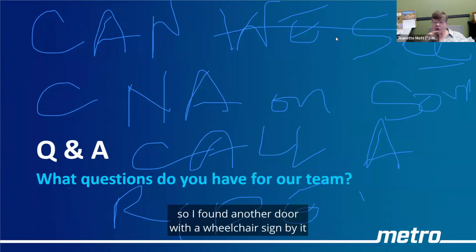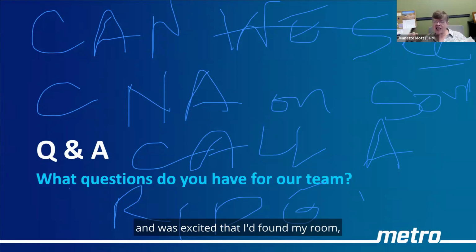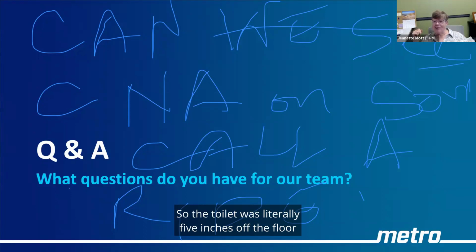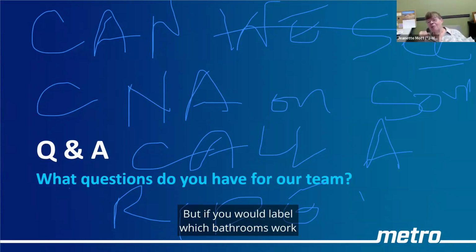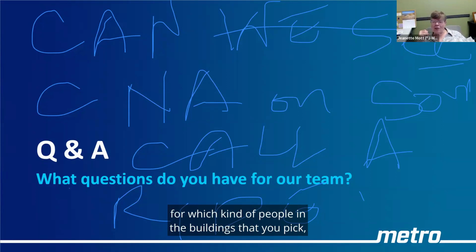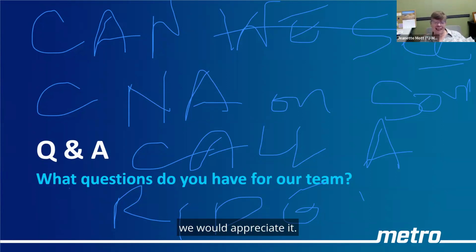So I found another door with a wheelchair sign by it and was excited that I'd found my room, but it was for a child. So the toilet was literally 5 inches off the floor, and there was no way my knees were going to make that work. So I went to a quick trip. But if you would label which bathrooms work for which kind of people in the buildings that you pick, we would appreciate it.